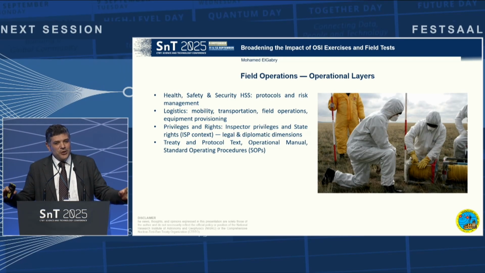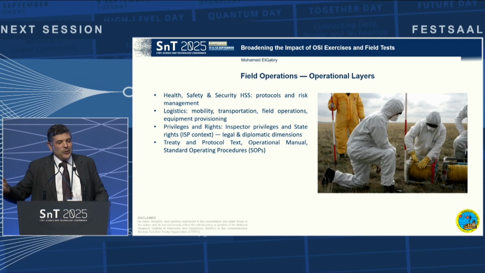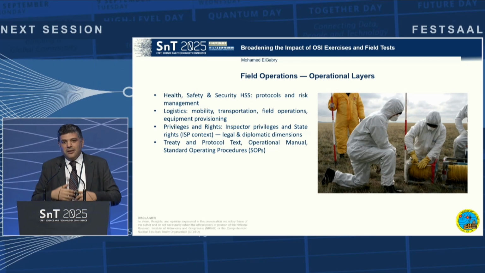Of course, we are not doing this in a scientific background. We have an operational layer. We have to mobilize all equipment and all personnel from Vienna to wherever, to the Arctic, to the desert, wherever the inspection will be. Different environments, different health and safety challenges, security challenges, mobility and logistics.